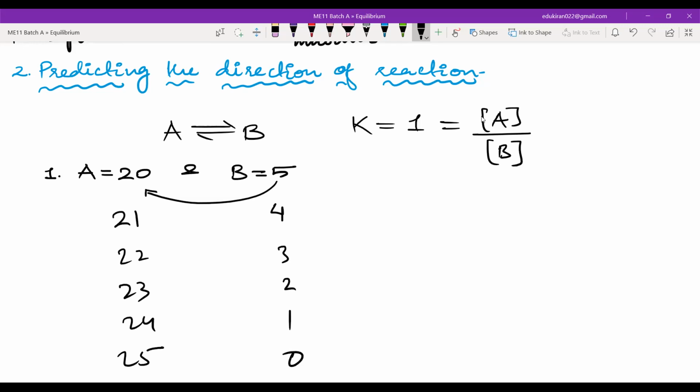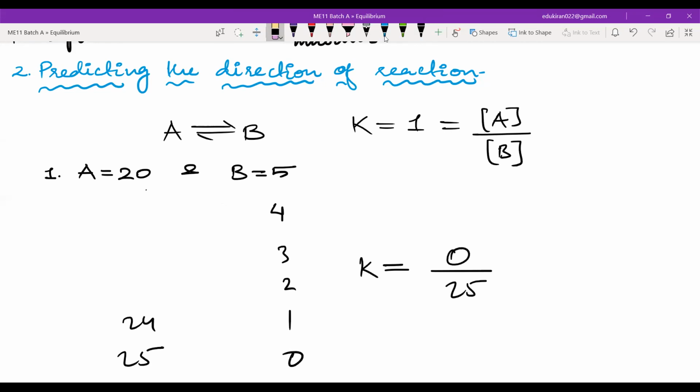Yes, sir. Okay. So now let us calculate K. K will be equal to A divided by B, 0 divided by 25, so that is not matching the case. Yes or no? That is not matching, right? At equilibrium, what is going to happen?